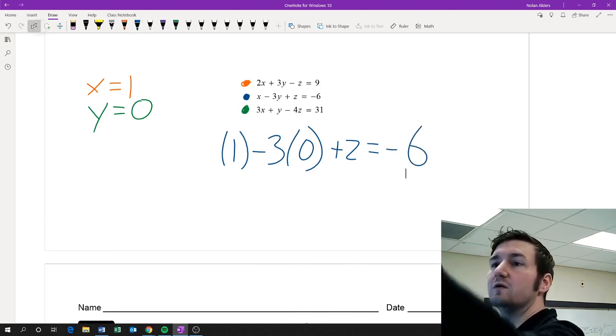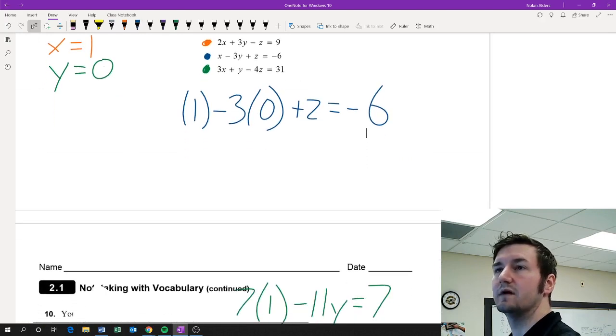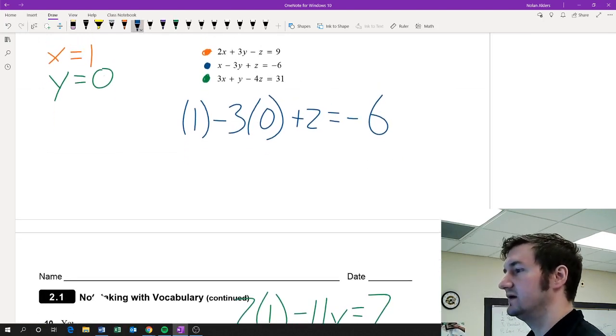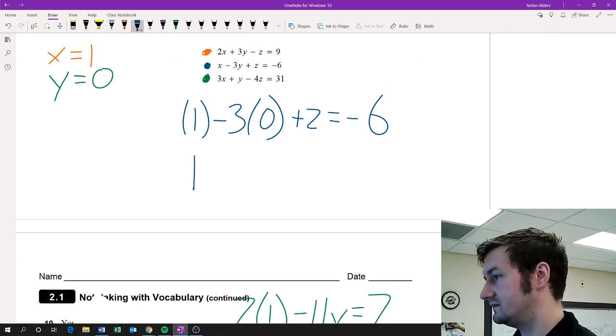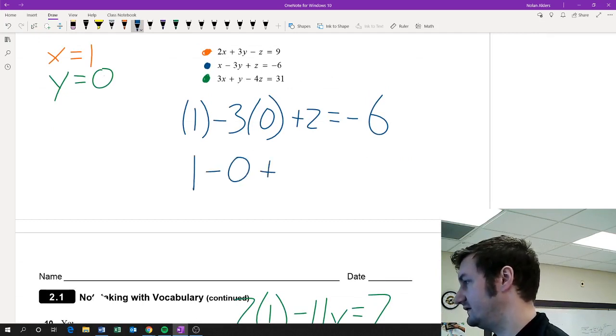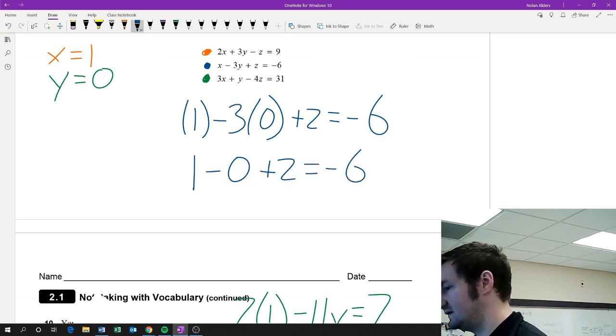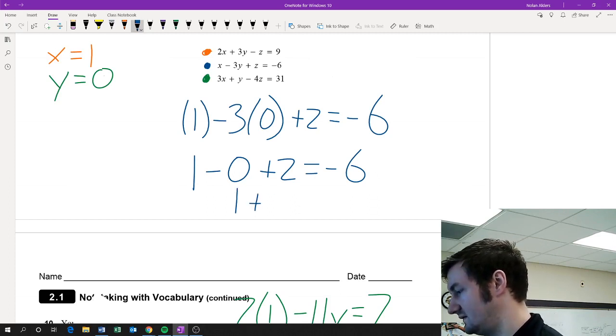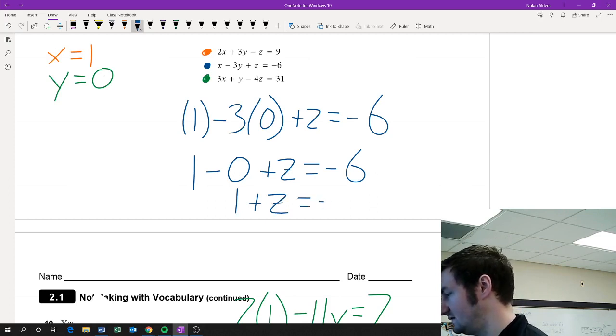Okay, solving for z, let's go ahead and simplify. 1 is just 1, minus 3 times 0 is just 0, plus z equals negative 6. 1 minus 0 is just 1. So we'll have 1 plus z equals negative 6.